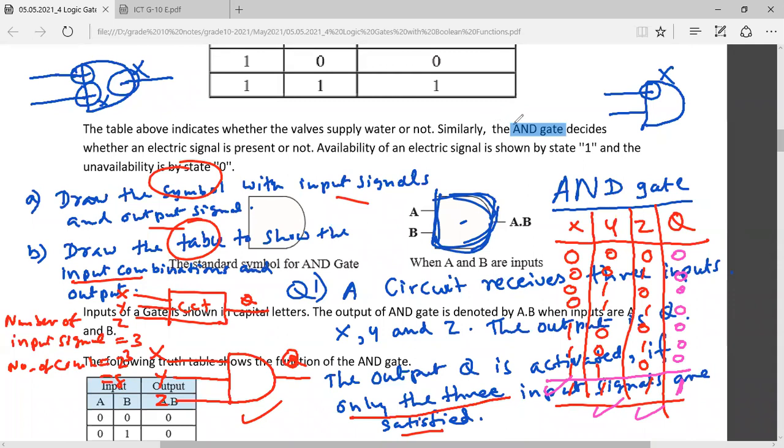Okay, Prashant. Right. I'm going to clear this one. Clear all the drawings.